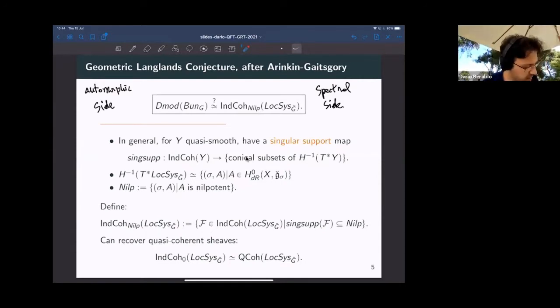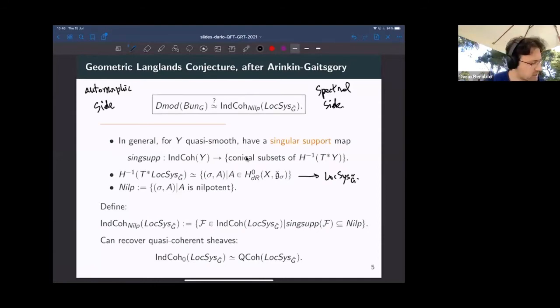Of course, like I said, it fibers over Log_G, just by projecting onto the first coordinate, and the fibers are vector spaces. But inside it, we can consider the global nilpotent cone, which is different from the global nilpotent cone for G-bundles. It's this nilpotent cone, and only this nilpotent cone, that I will consider in this talk.